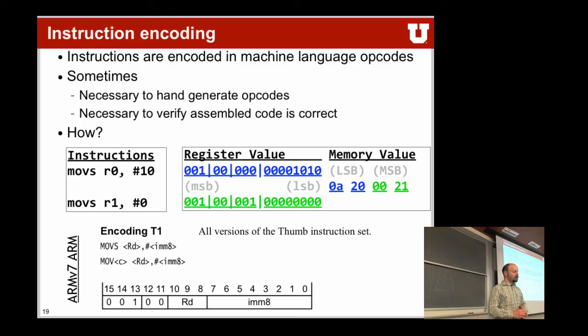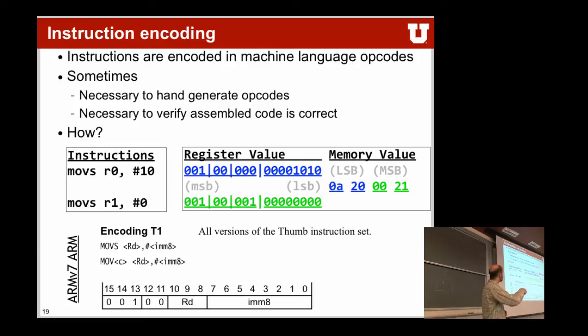So we looked at this last time a little bit, but I want to show you again how opcodes are actually generated. Let's take these two instructions: a move of R0, 10 and a move of R1, 0. If you look at the encoding, it's very simple. We would see a 001, that's our MOVS instruction, then 00, we have the destination register, and an immediate 8, right?